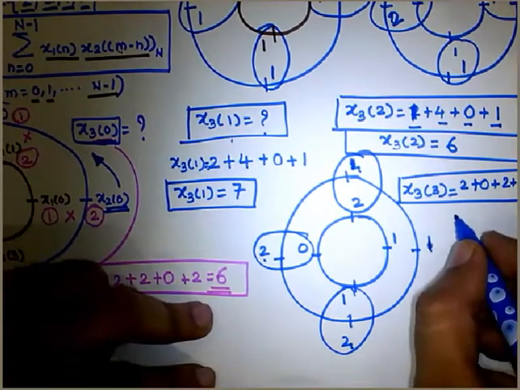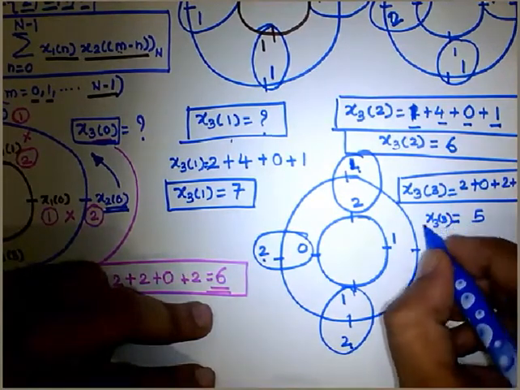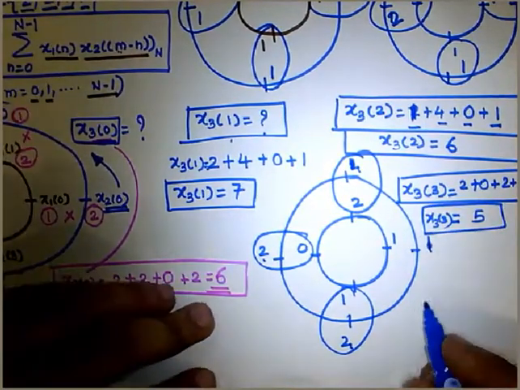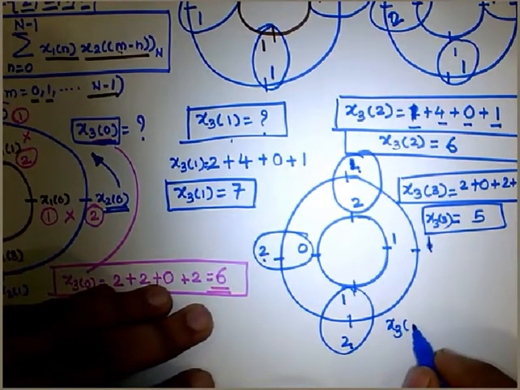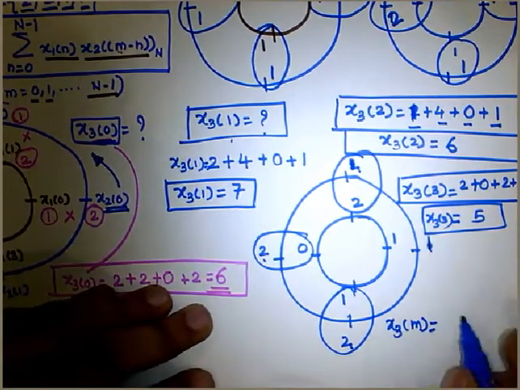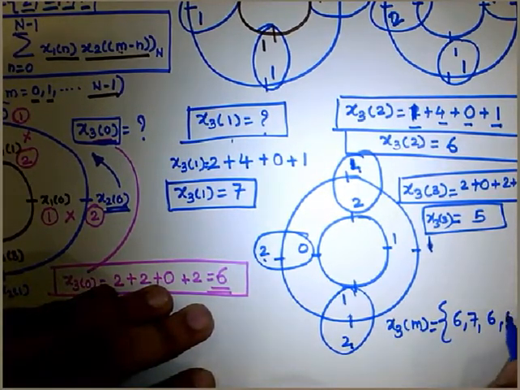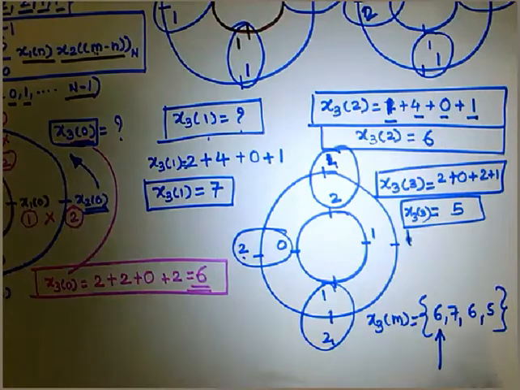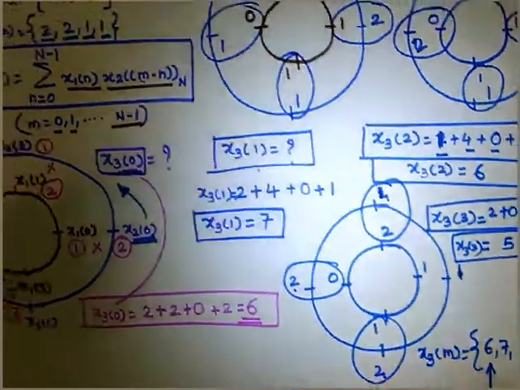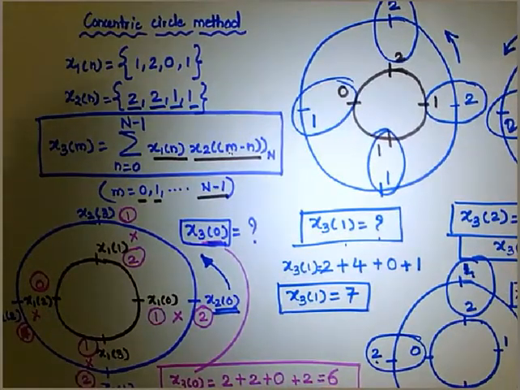So overall this is 5. x3 of 3 is equal to 5. So this indicates that x3 is finally equal to the values 6, 7, 6 and 5, starting at point 0. So this is all about the calculation of circular convolution using the concentric circle method. Thank you everyone. Thank you very much.